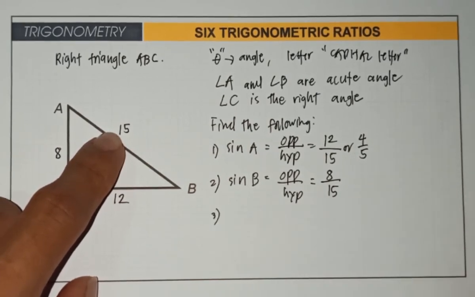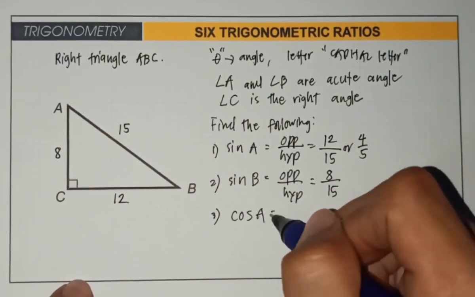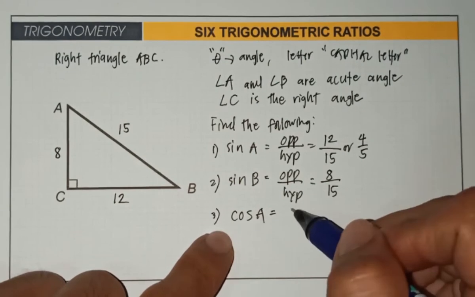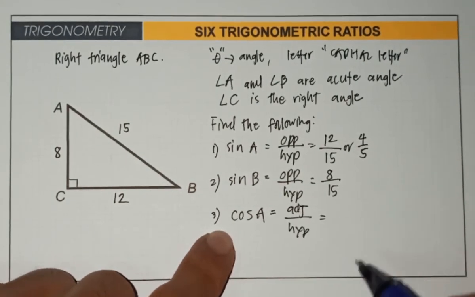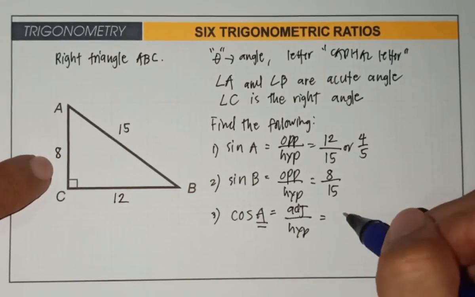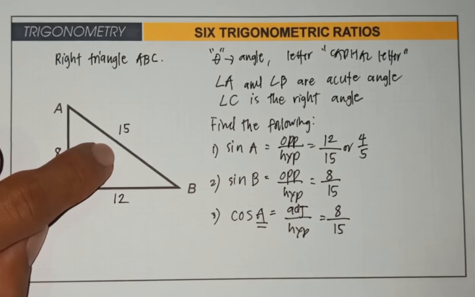Other example, let's say cos A. Cosine is adjacent over hypotenuse. And A is the reference angle, the adjacent is 8, and hypotenuse is 15.